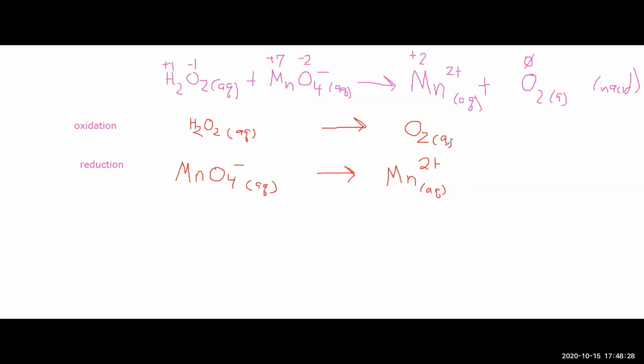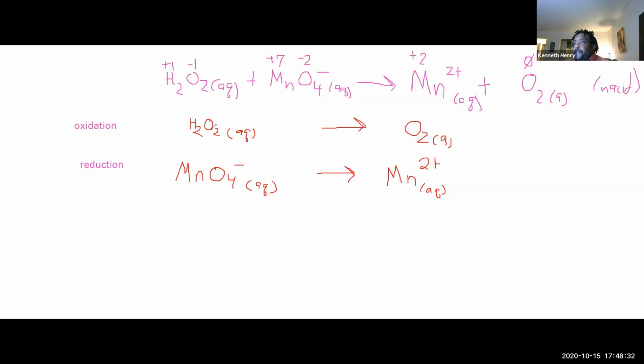Balance the equations. Okay. I have 2 oxygens here, I have 2 oxygens here. I need 2 hydrogens. Okay, how do I balance those hydrogens?